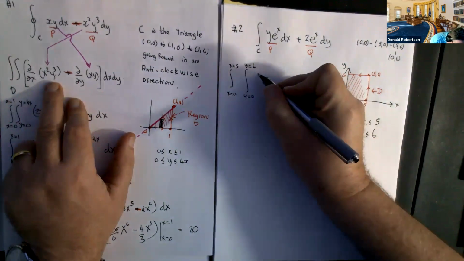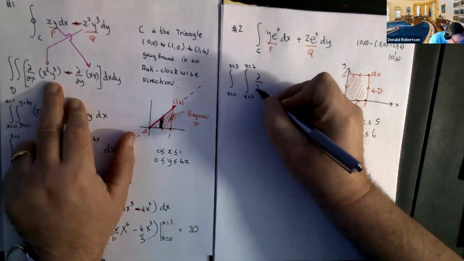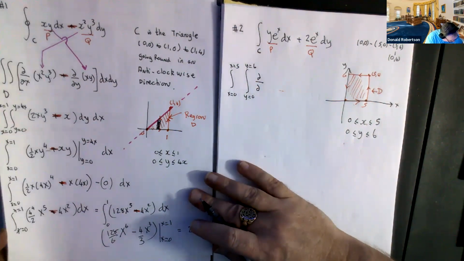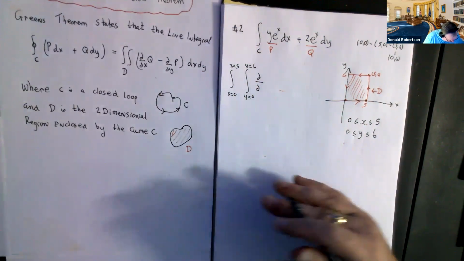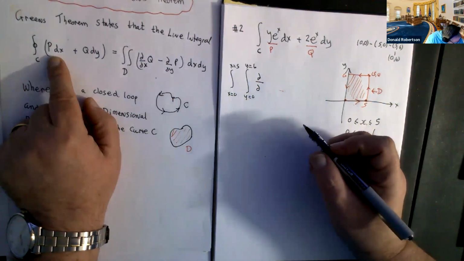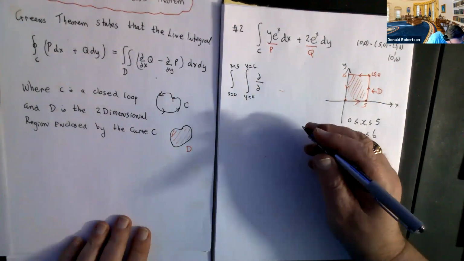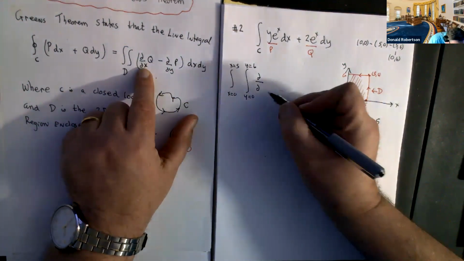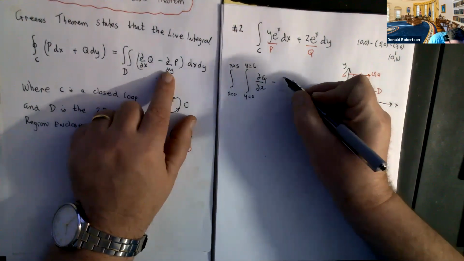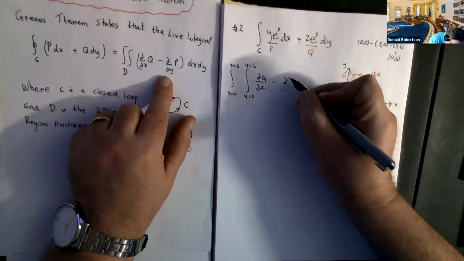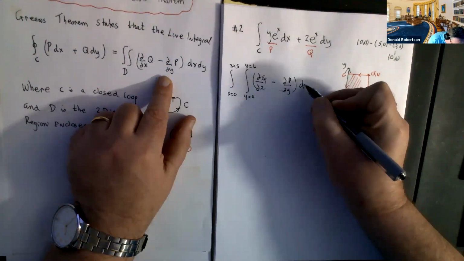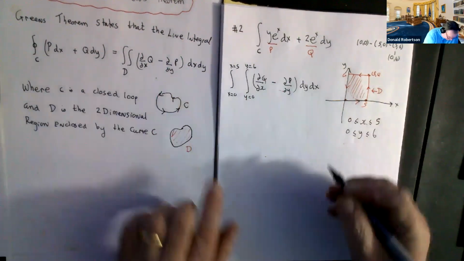Then it's going to be the derivative of Q with respect to x, so that's this guy, take away P, which is this guy, with respect to y. And in this case, it's going to be a dy dx.